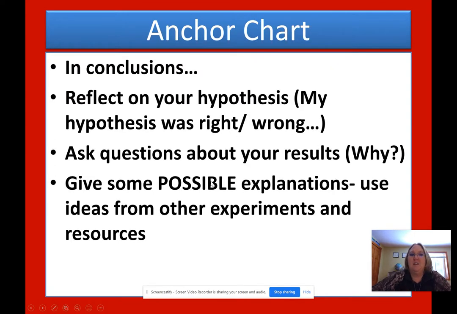So in conclusions, if we wrote this on our anchor chart, my class can do it in their notebook that we have our anchor charts in. So you could write, in conclusions, reflect on your hypothesis. My hypothesis was right or wrong. Ask questions about your results, the why, and give some possible explanations using ideas from other experiments and resources.